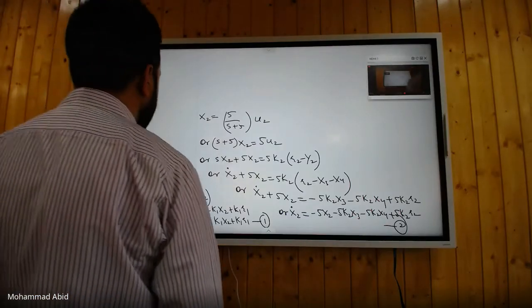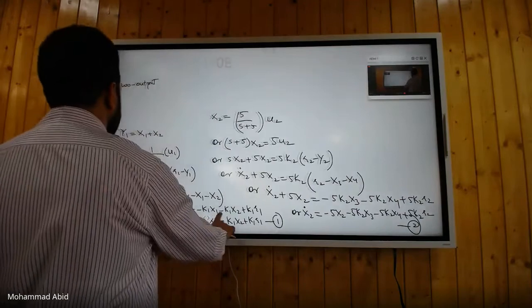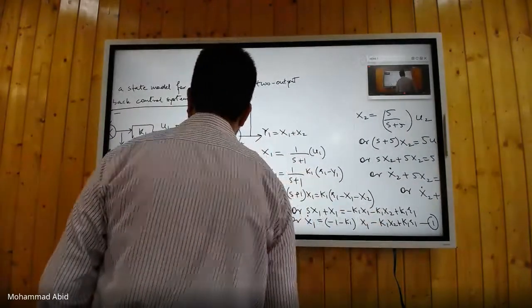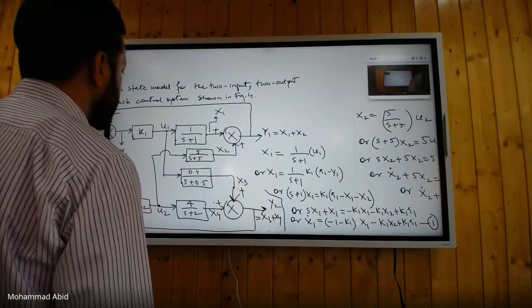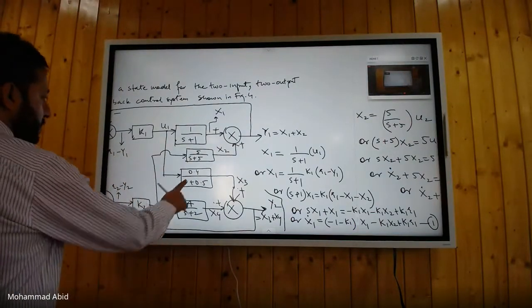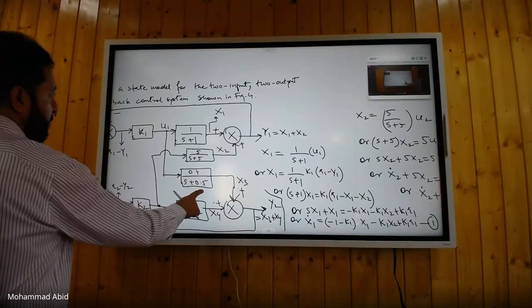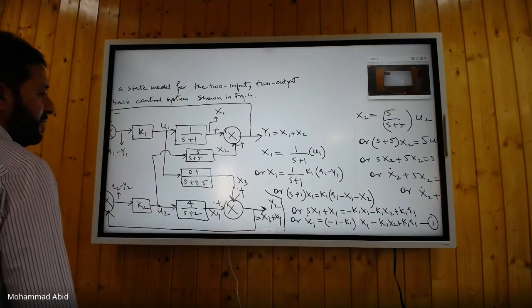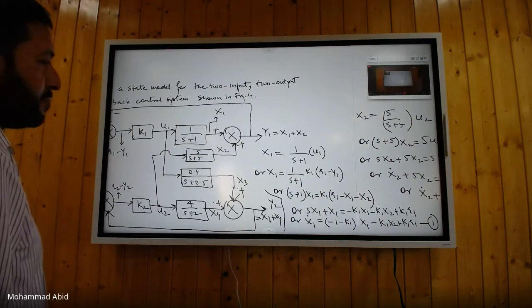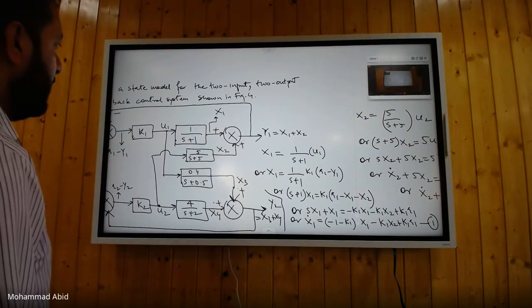तो ये दो इक्वेशन बन गई. अभी और दो चाहिए हमें. 4 स्टेट वेरिएबल्स है ना? अभी x3 डॉट की इक्वेशन लिखेंगे. What is x3 equal to? It's 0.4 upon s plus 0.5 into u1. Can you write down its equation? Yes sir.